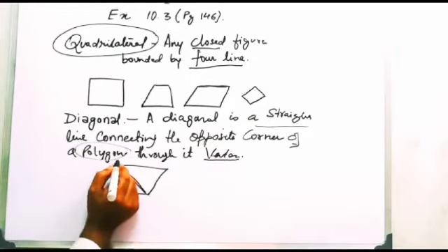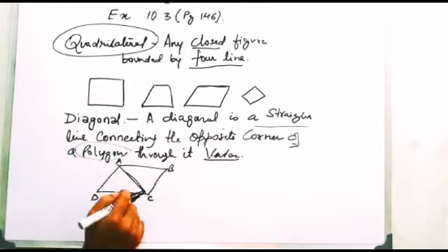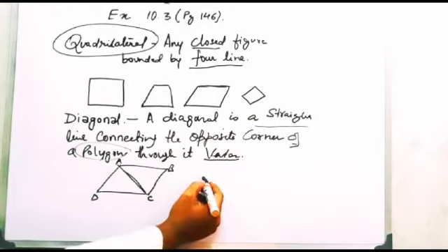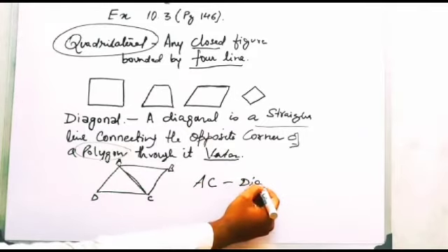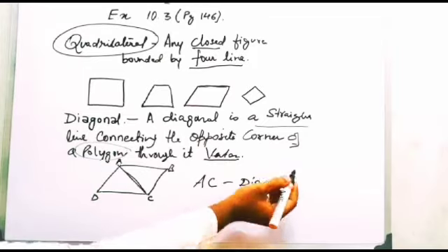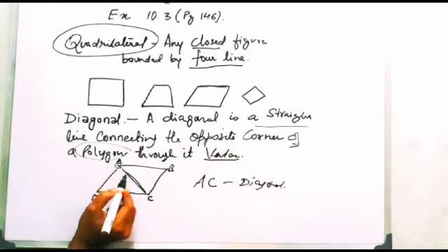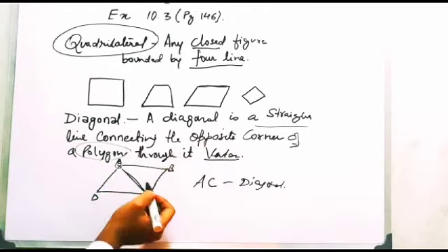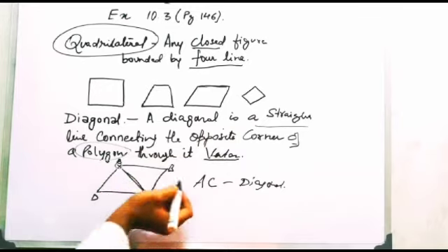Okay, suppose A, B, C, D is a given figure. Here A, C is your diagonal, connecting the opposite corner. This corner and this corner, these are the opposite corner. So all these are diagonal. In this given figure, A, C are diagonal.